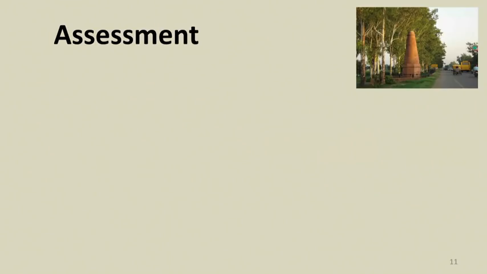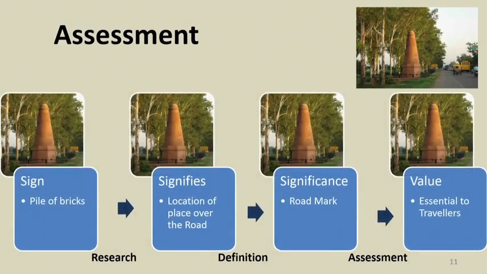Independently, they are just structures; they do not have any religious significance or other. But when you see them in context, they take on a different meaning. So, let us see how we assess the course minar. First of all, it is a sign, just a pile of bricks put in a very specific form, and it signifies the location of a particular place or the distance over the road.